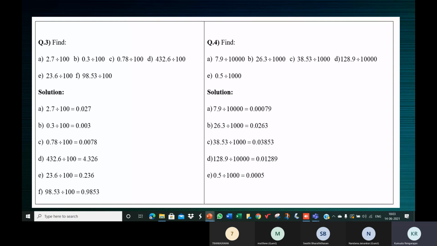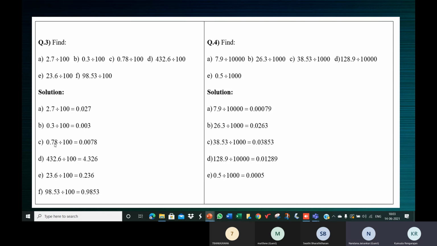Each one will get 78? 0.78 is less than 1. If you divide 1 itself by 100, how can you get such a large value? So like that, you can validate your answer.